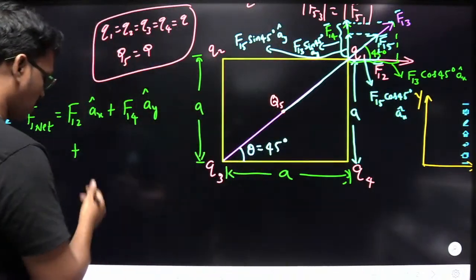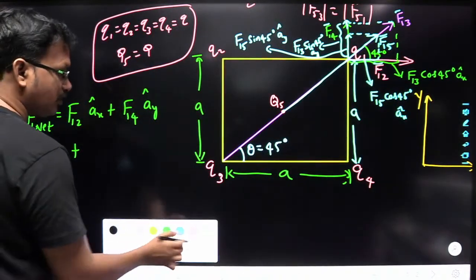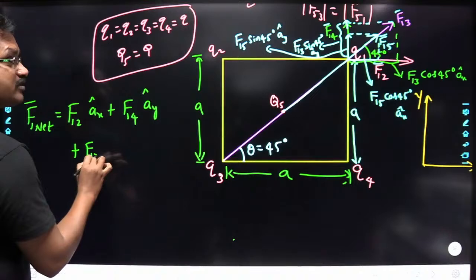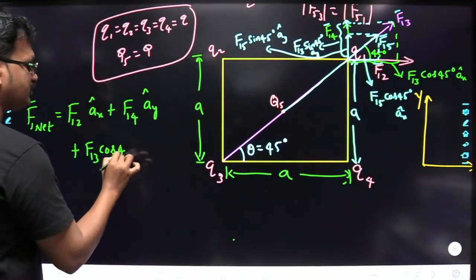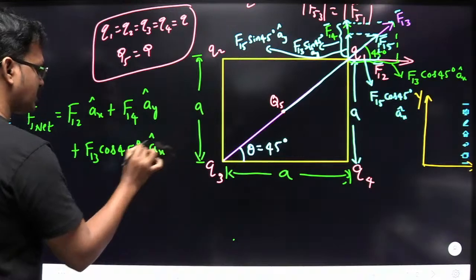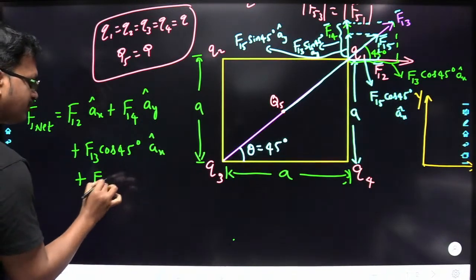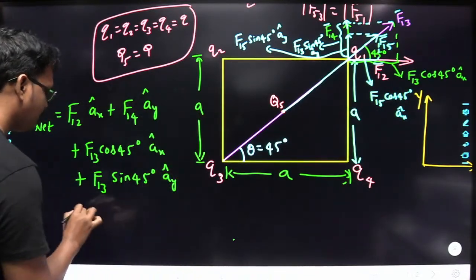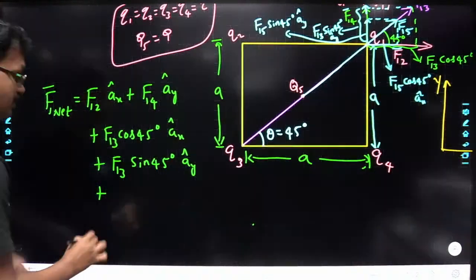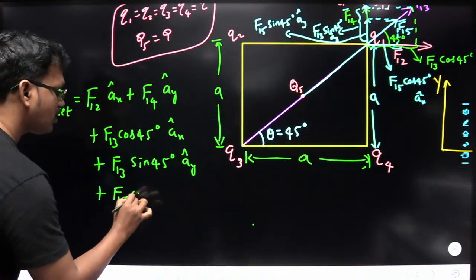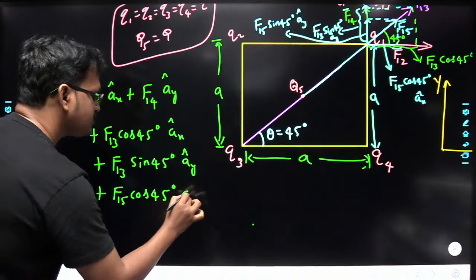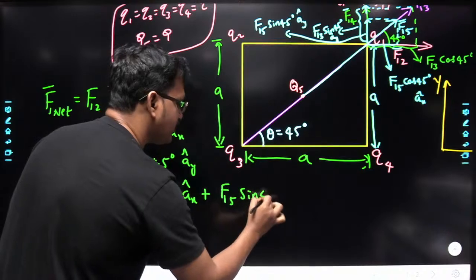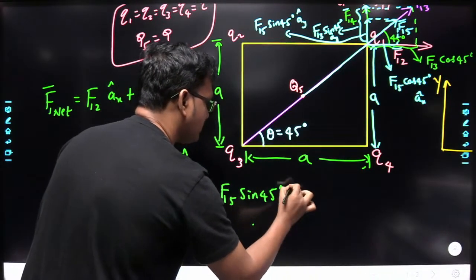Okay. So now write down here. So what we got? F13 cos 45 is in ax cap direction, plus F13 sin 45 is in ay cap direction, plus similarly F15 cos 45 degrees, it is in ax cap direction, plus F15 sin 45 degrees ay cap. Right?